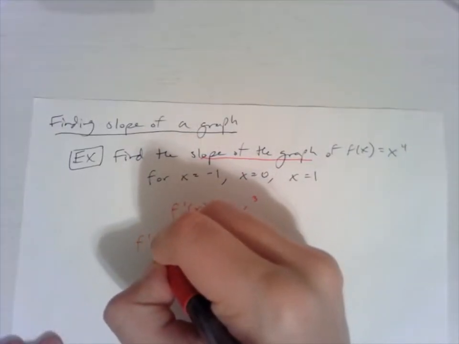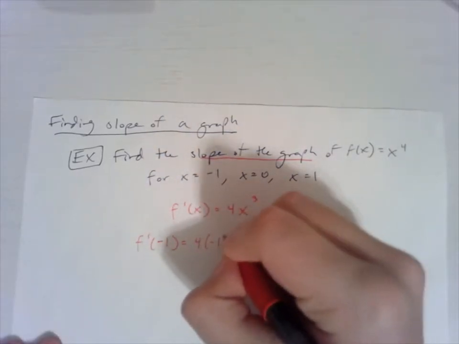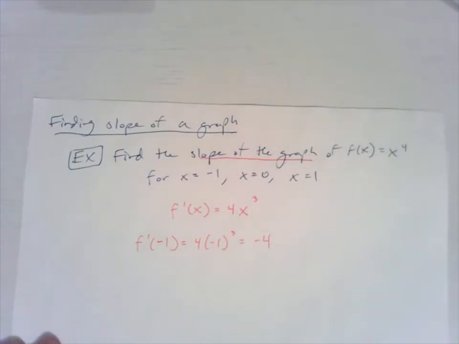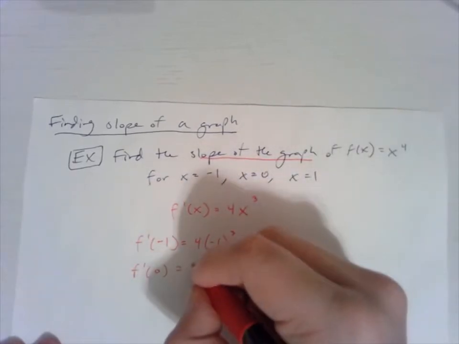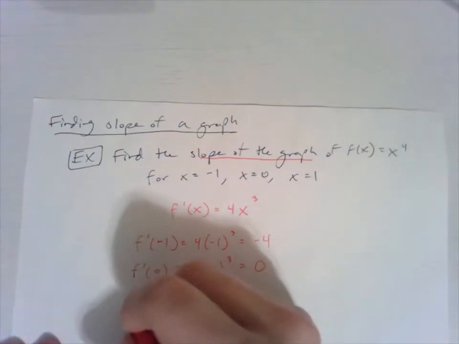So f prime of negative 1 would be 4 times negative 1 cubed, or 4 times negative 1, which would be negative 4. F prime of 0, we would get 4 times 0 cubed, which would end up being 0.